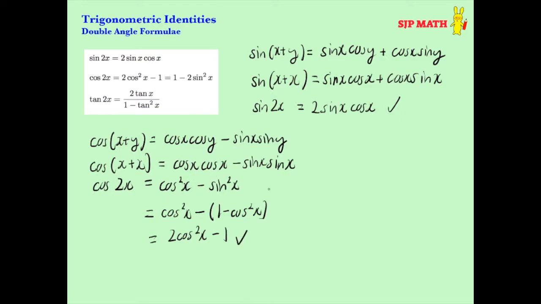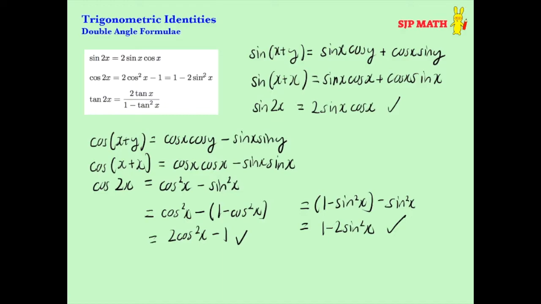Or we can express this using sine squared x plus cosine squared x equal to 1, so cosine squared x can be expressed as 1 minus sine squared x. And sine squared x is just sine squared x. And this can be simplified to 1 minus 2 sine squared x.